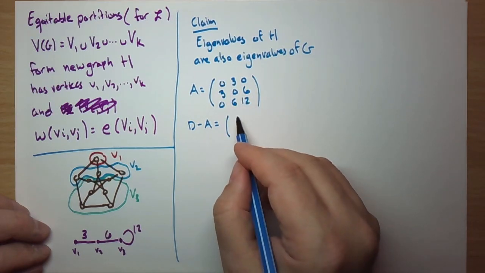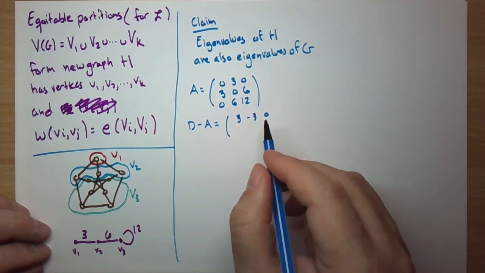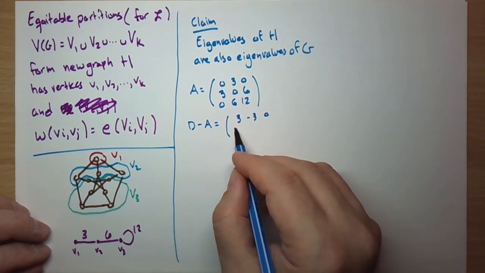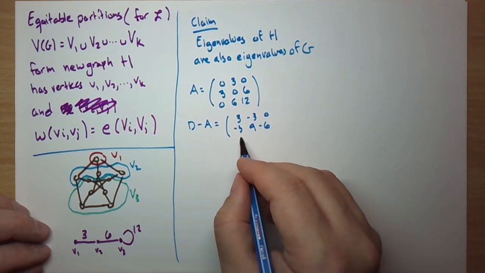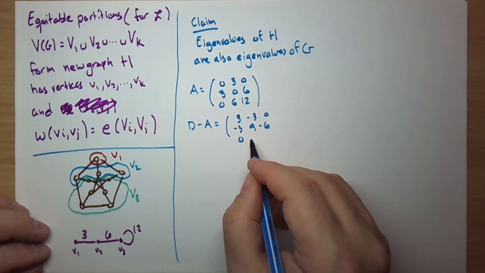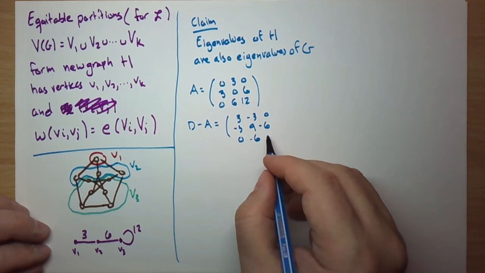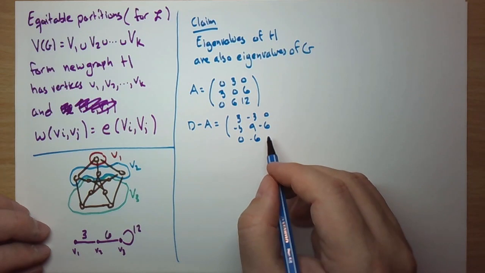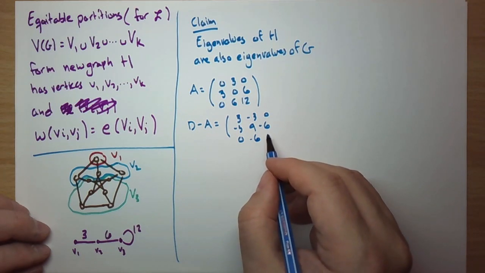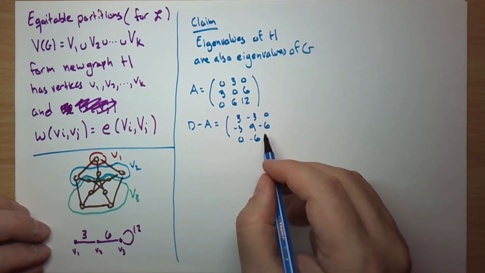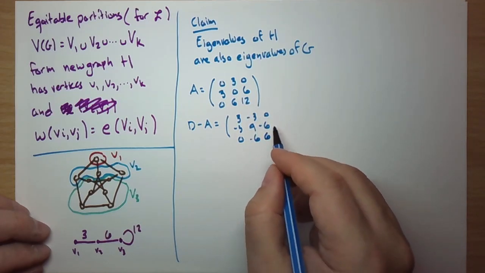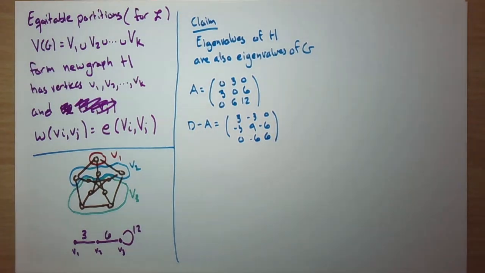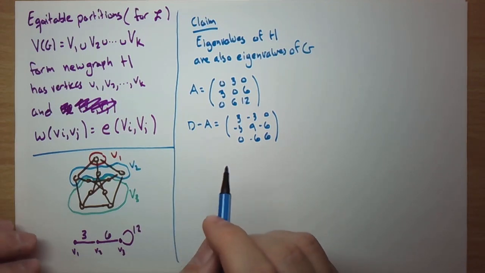So it would be 3, minus 3, 0, minus 3, 9, minus 6, and 0, minus 6, and 18 minus 12, so 6. Okay, so that's not the normalized Laplacian.